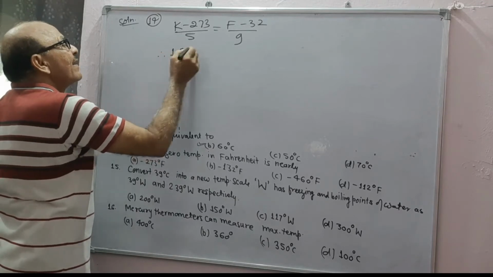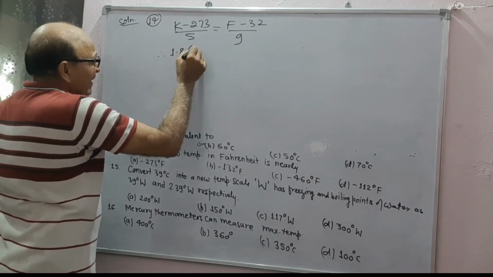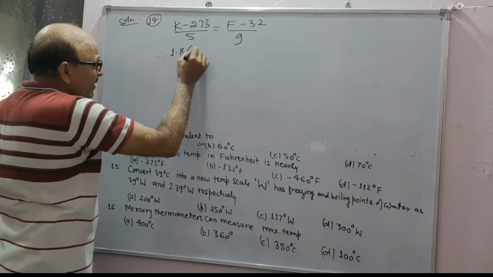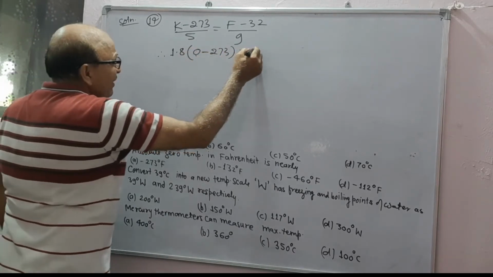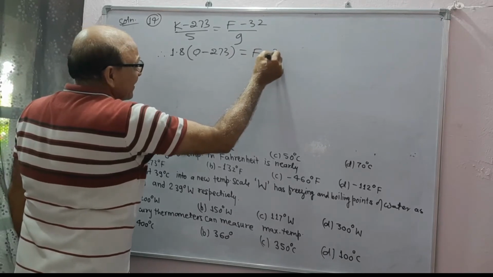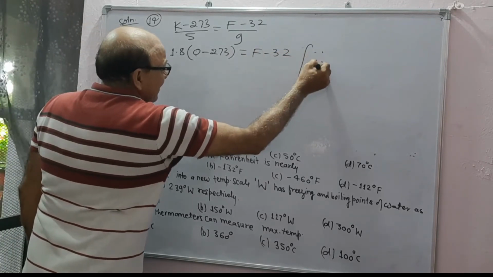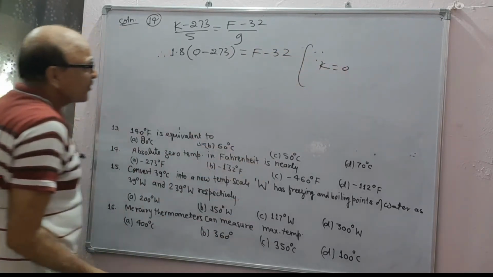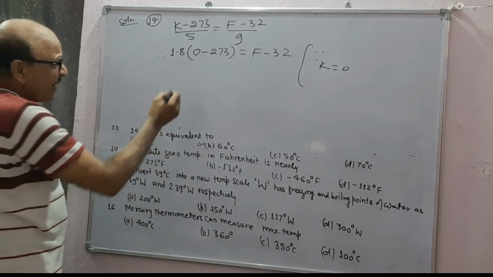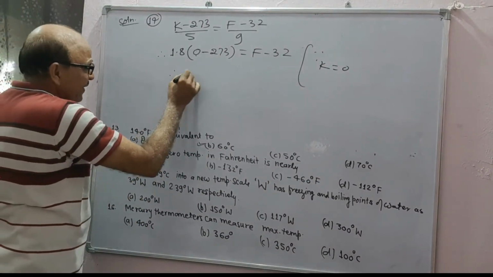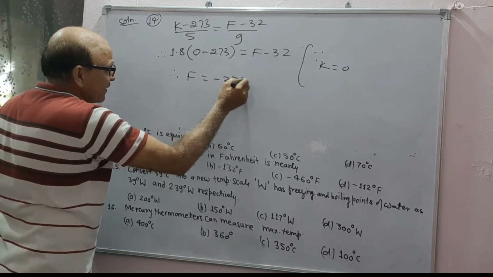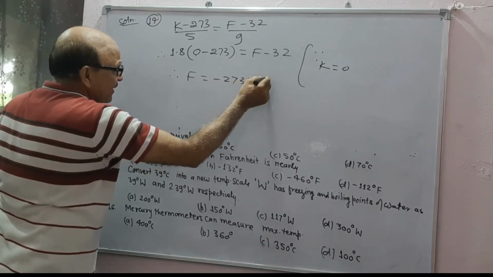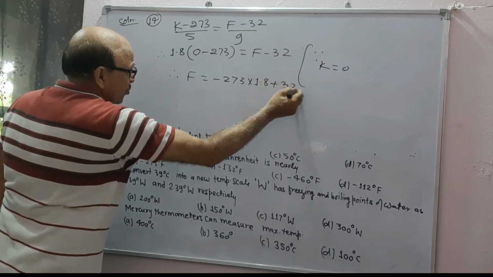1.8, and K is absolute zero means 0 minus 273 will be equal to F minus 32, because K is 0, absolute 0. Therefore, F will be equal to minus 273 into 1.8 plus 32.